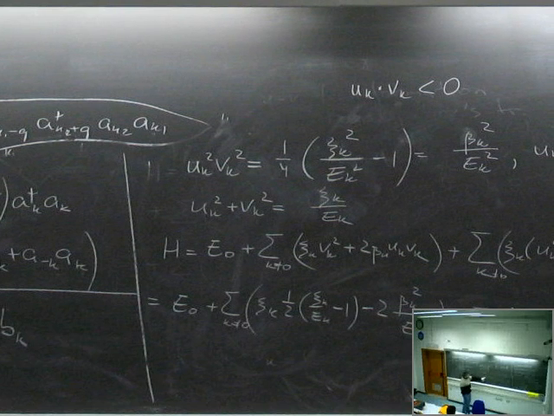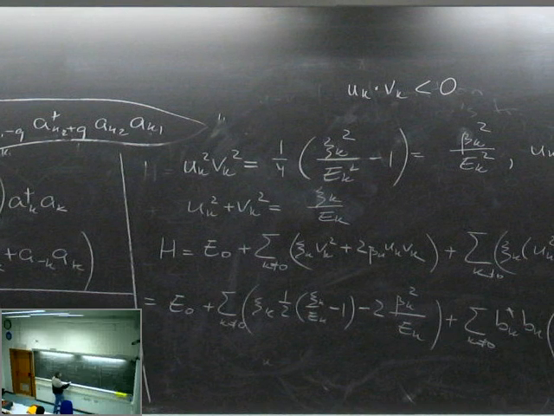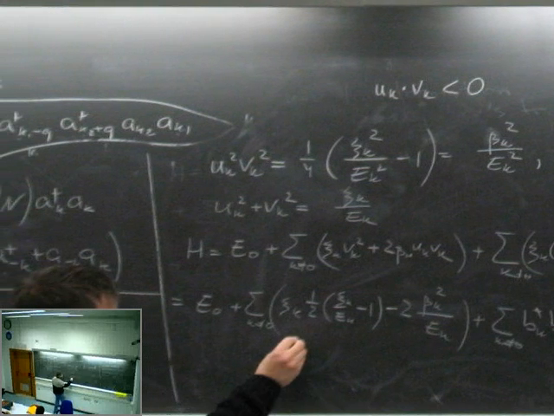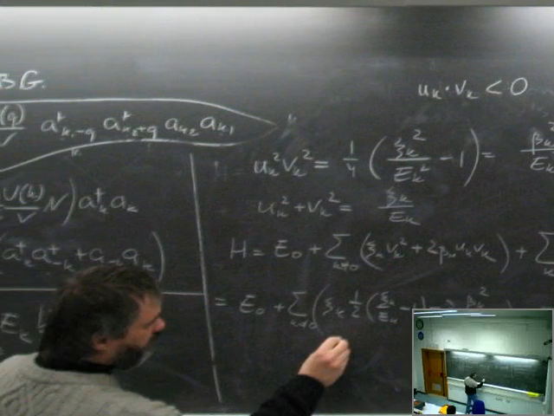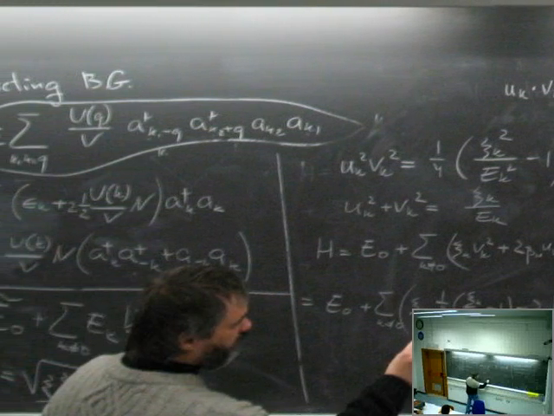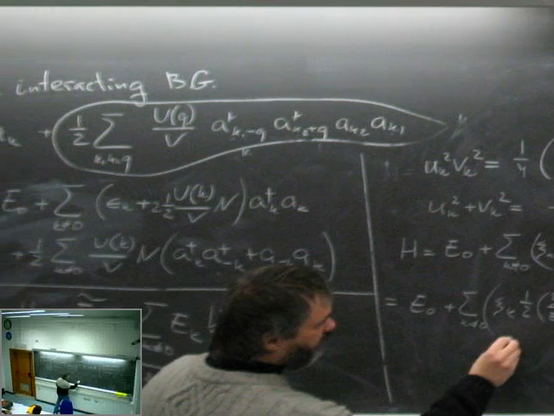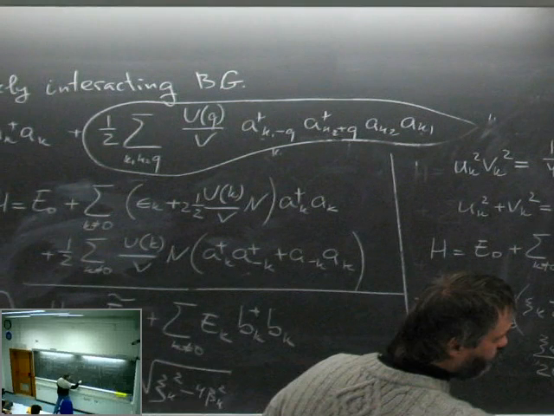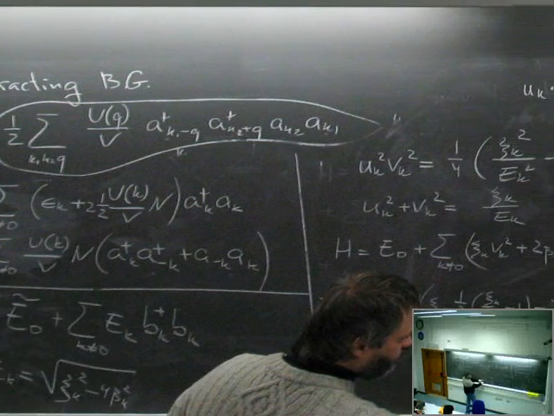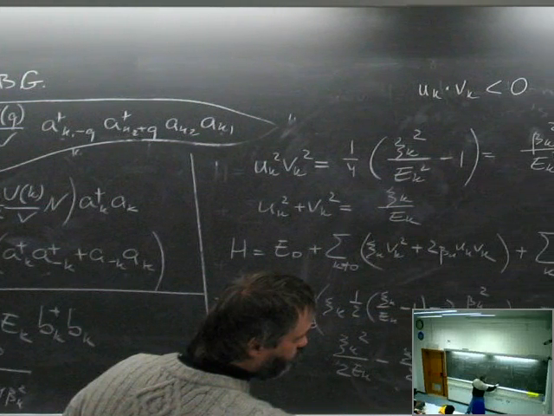This one is ek. Let's collect. So this is psi k squared over 2 ek minus psi k over 2 minus 4 times beta k squared over 2 ek. So when I combine these two terms, it is 1/2 (ek minus psi k).